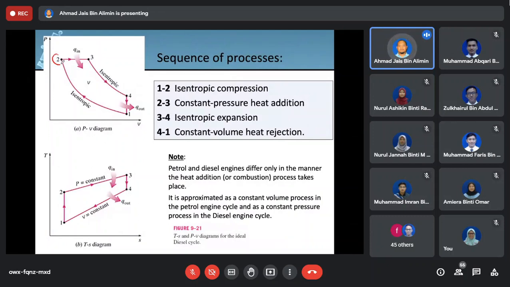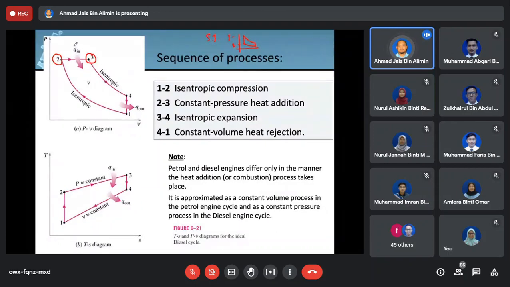For the compression ignition, state 2 to state 3 is happening at constant pressure, whereas for the Otto cycle or spark ignition, it is happening at constant volume. Okay, so this one is step 2 and step 3. But for the diesel it is happening at constant pressure.